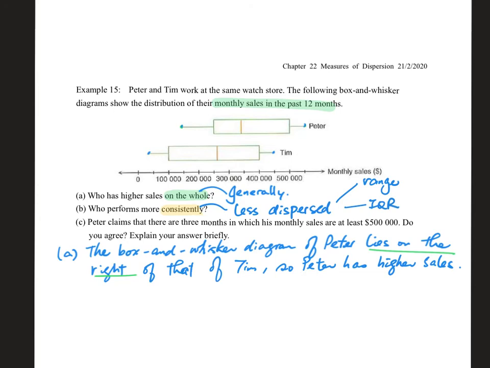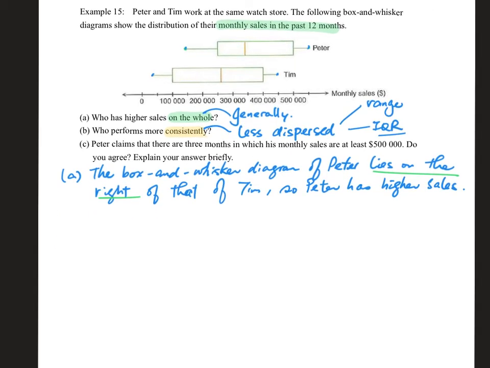If I have both choices, then normally I would choose IQR, because I try not to pick range, because maximum and minimum values are sometimes extreme values. So that's why I will start from the interquartile range in this question, and compare their IQR.